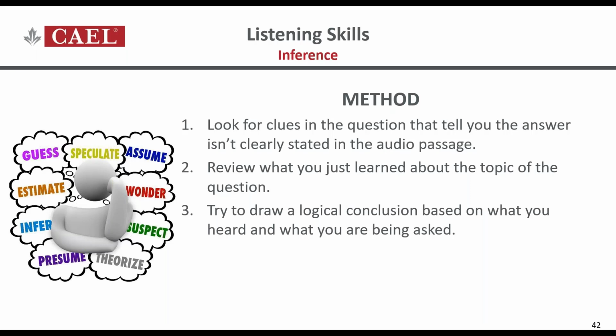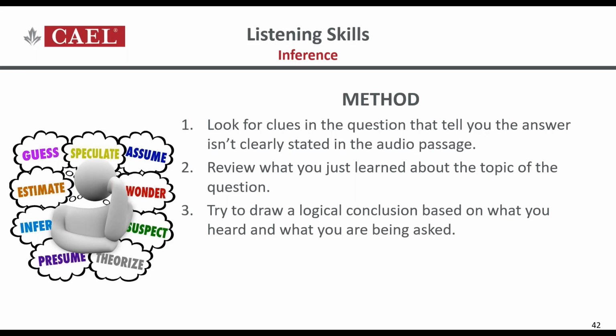So these are the skills that we recommend for inference. First, see if you can find a clue in the question that helps you to know that you need to use your inference skills.